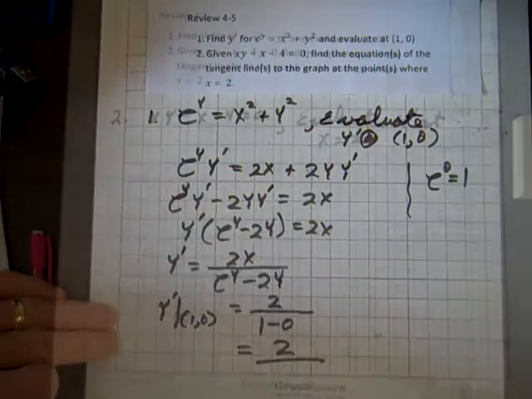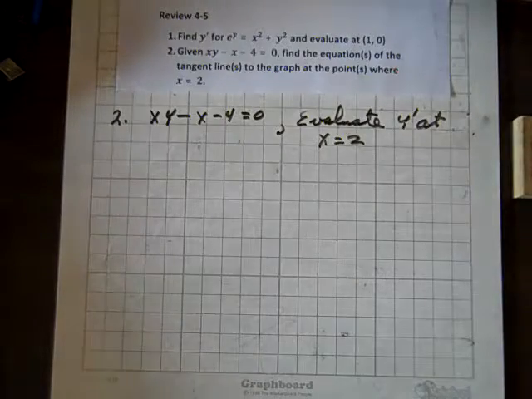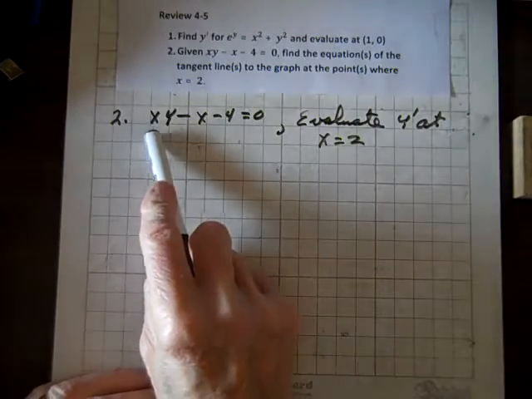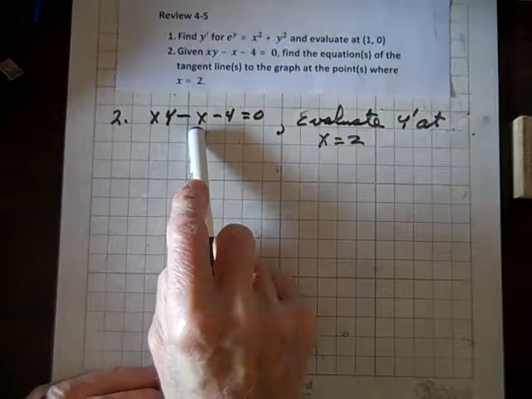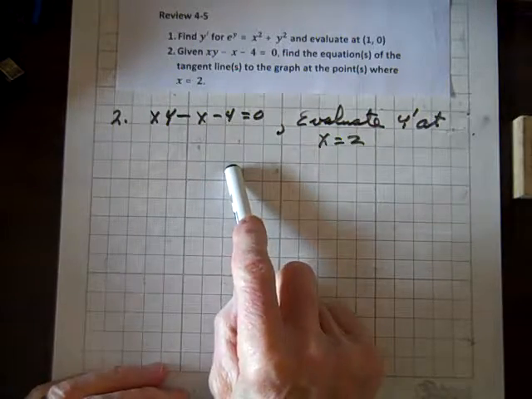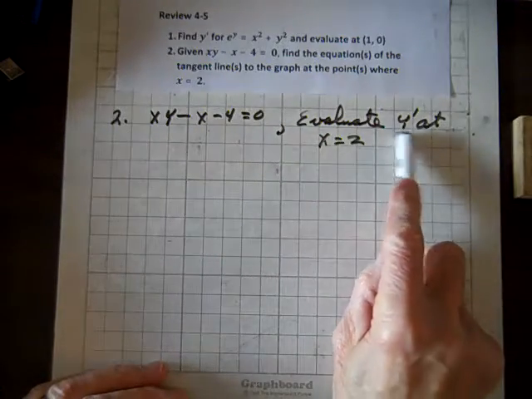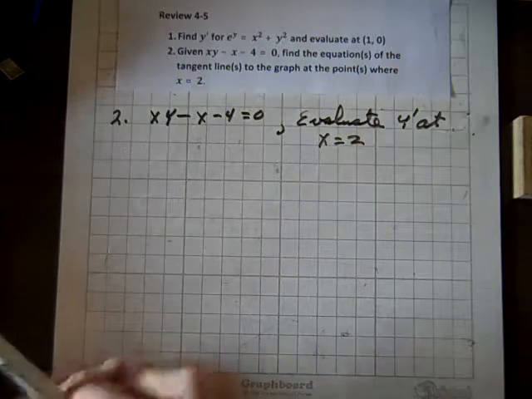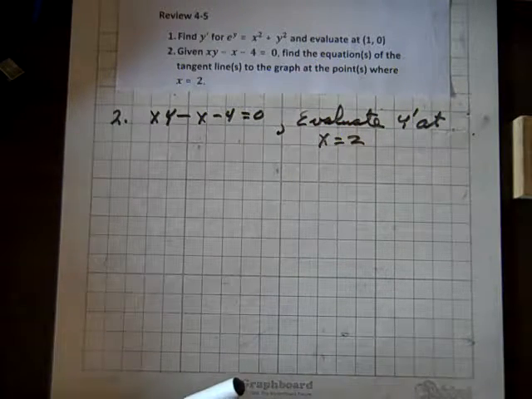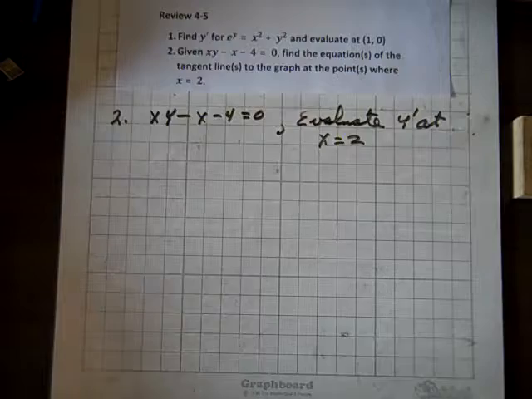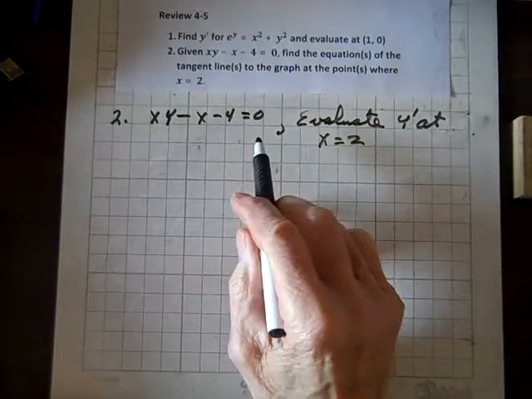And we're done. Well, now we're going to do question 2, and we're given this equation, xy minus x minus 4 equals 0. And we're going to evaluate y prime at x equals 2. Well, we need a corresponding y value, so let's find that right now.